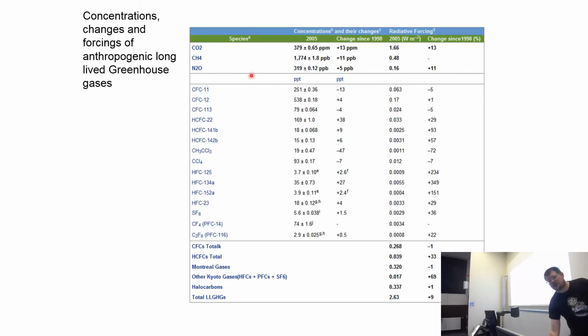You can see that some gases like CO2 have quite a high concentration, maybe 400 parts per million, and are responsible for most of the warming, so 1.5 watts per square meter of radiative forcing. But some of these other gases are in really tiny concentrations, parts per trillion, very, very low. But they still have, in some cases, a significant effect, particularly some of the CFCs, because their chemistry is such that they are really, really effective greenhouse gases.